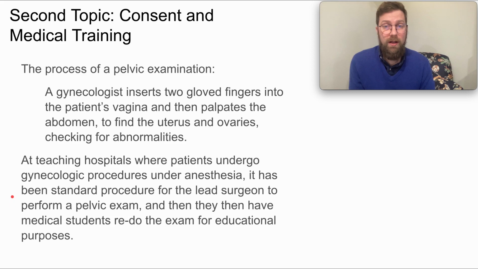This is part of what's going to happen before a patient begins their surgery. But then medical students will follow up and redo the pelvic exam. So the doctor will find and feel the patient's uterus and ovaries with their hands, and then they will tell the medical student working with them that day to repeat the procedure so that they can learn how to perform a pelvic exam.